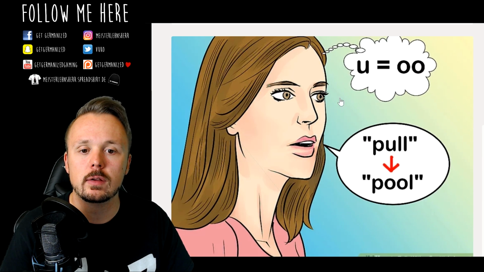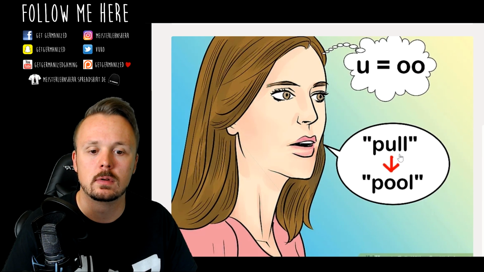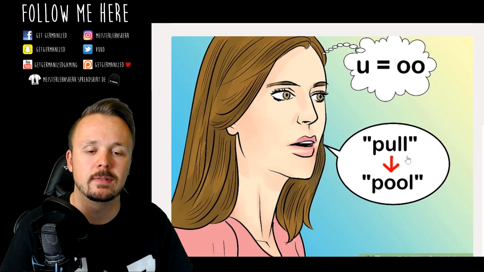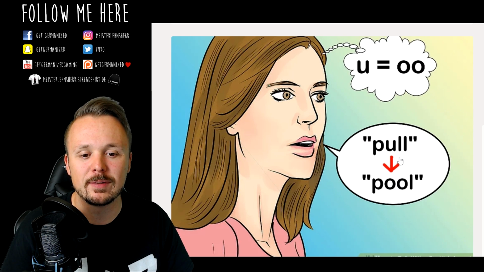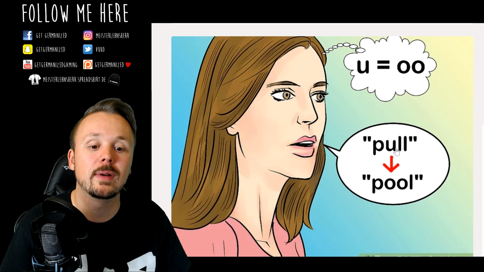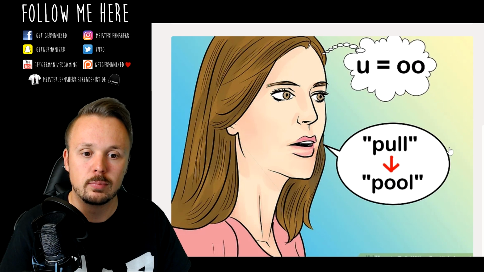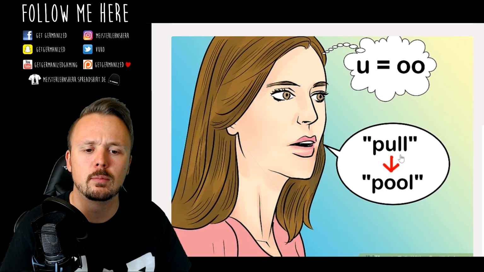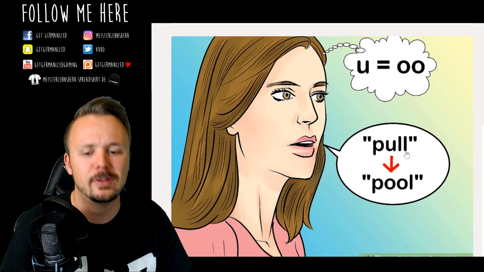Okay, so the U is oo. So pull becomes pool. I kind of know how they say it already. I could say pool, but I think it's pool. They also say pull the same way. They say pool, and pool.